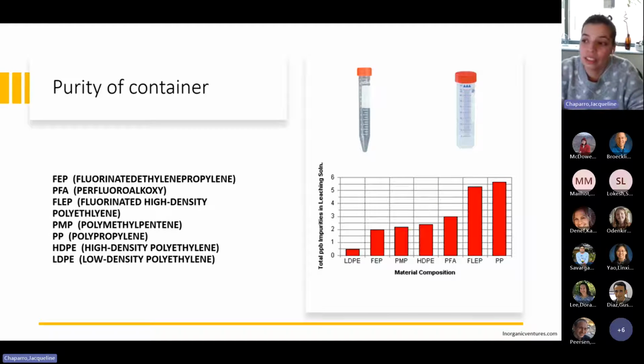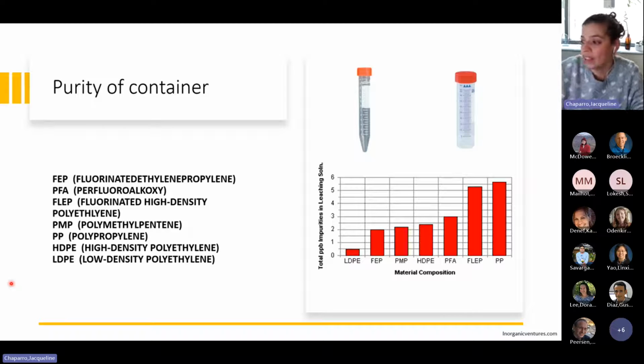Another thing that's important to consider is the purity of the container. So here is an example from a vendor of the impurities that are found in different types of plastics and tubes that are used primarily for holding your sample.